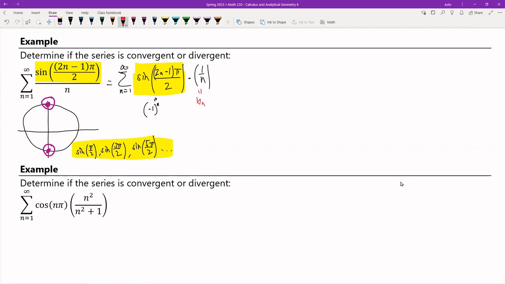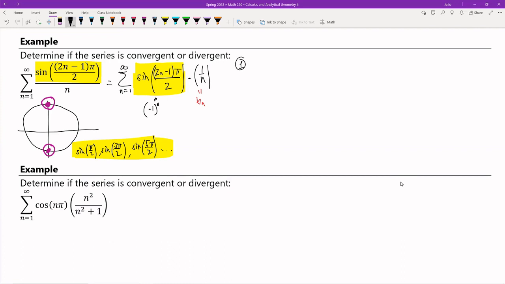Now, since I have an alternating series here, this thing will converge if two things are true. I'm going to write them up here.